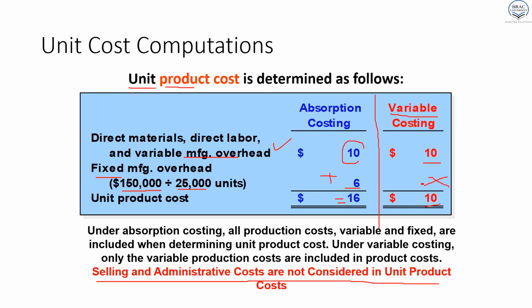Did I include anything from selling and admin cost? Not at all. Why? Because I am calculating production cost, not selling and administrative or period cost. So we are not going to put anything from selling and admin into my production cost, otherwise you would be mixing things up.